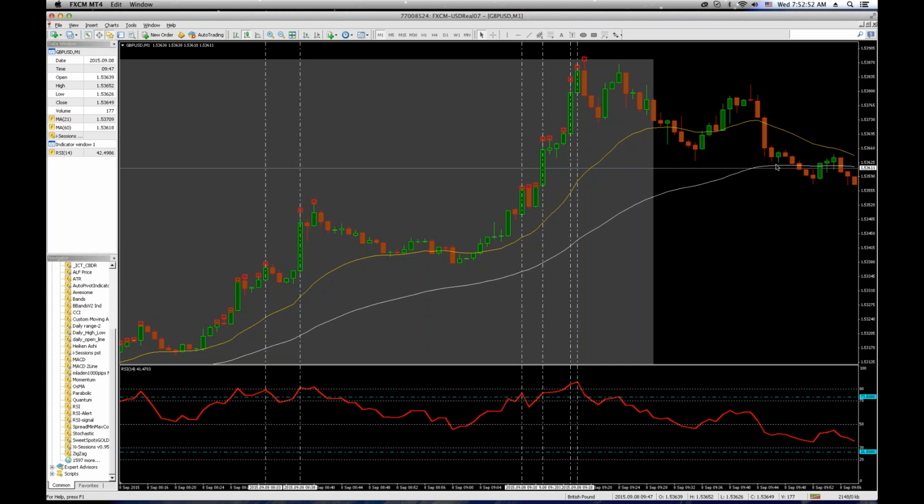But it's rare to lose on this. This is only the second loss I've seen, and the other loss that I had on this was 1 pip or 2 pips.